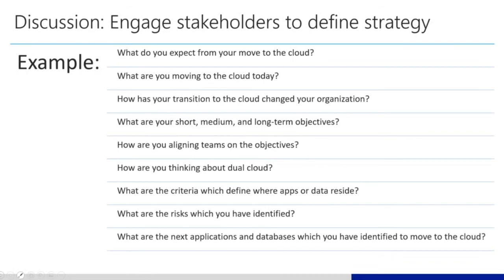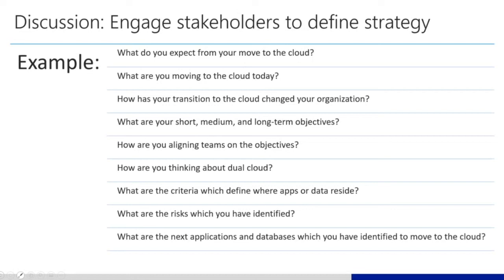I also included a slide on how you initiate a discussion on cloud strategy. Typically, you start a project and then you meet customers. These are just sample, open-ended questions which you can ask your customers to collect more information about cloud strategy. It is always difficult, and you need to find the right people who can help you in doing this.